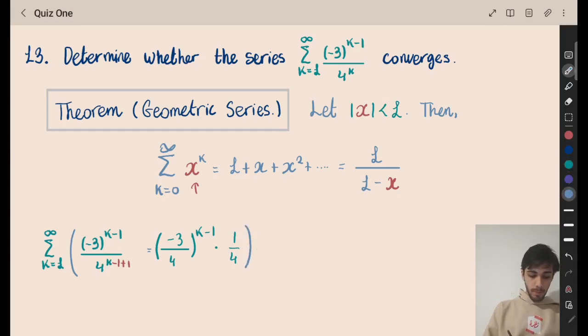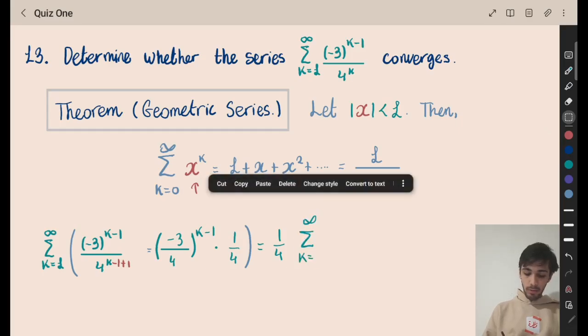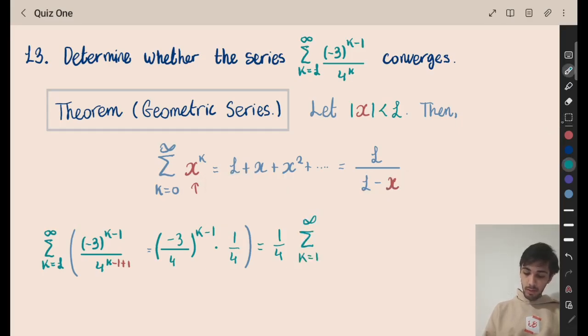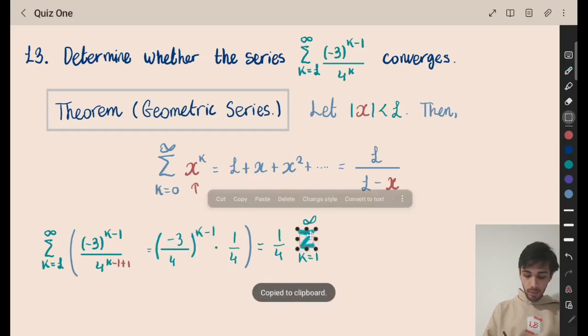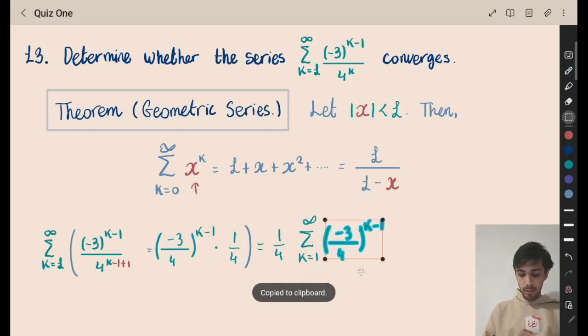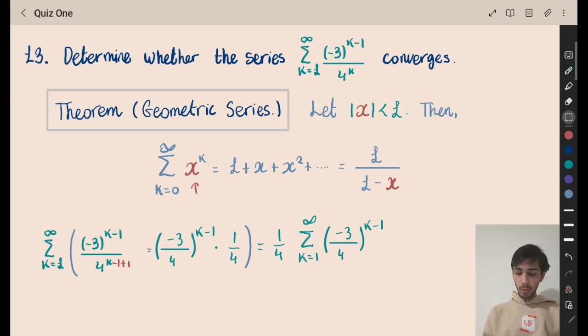All right. This is all happening within itself. I would like to write this quarter, bring it outside of the sum, and then I would write 1/4 of the infinite sum from k is equal to 1 of this expression. I think that's fine. I hope you don't mind this.